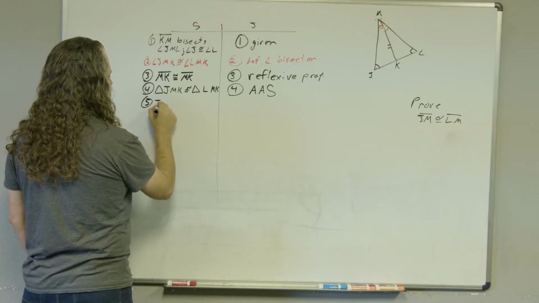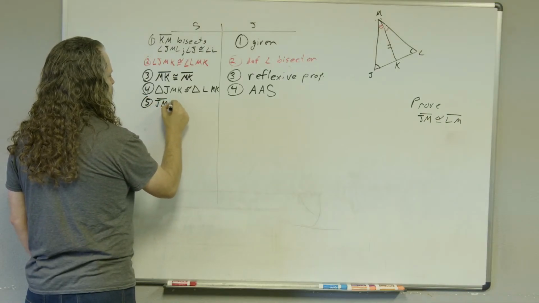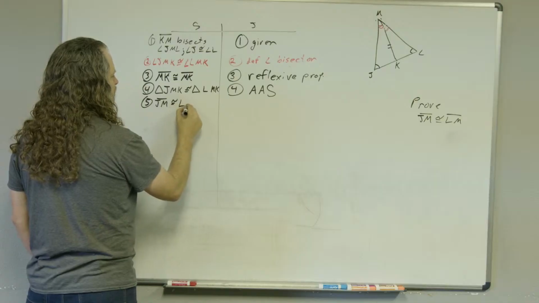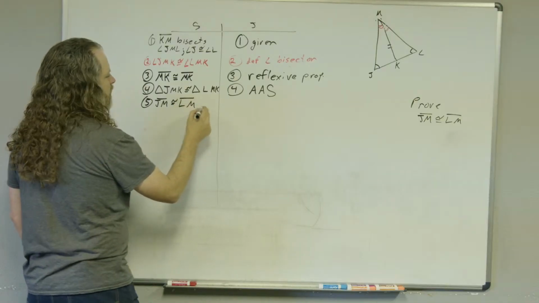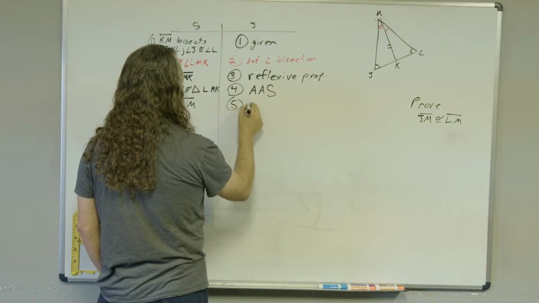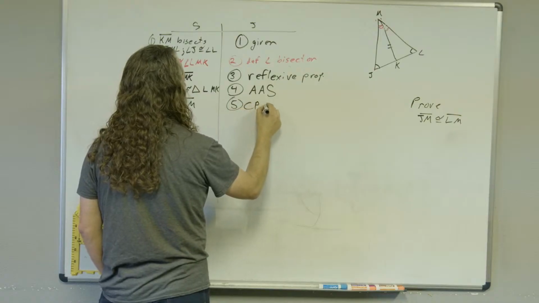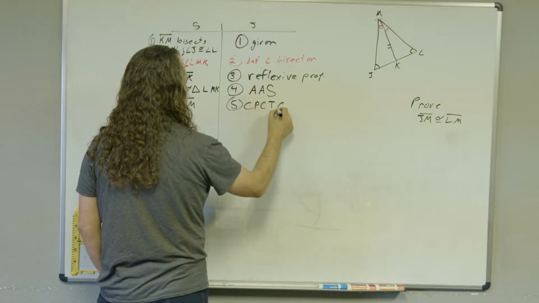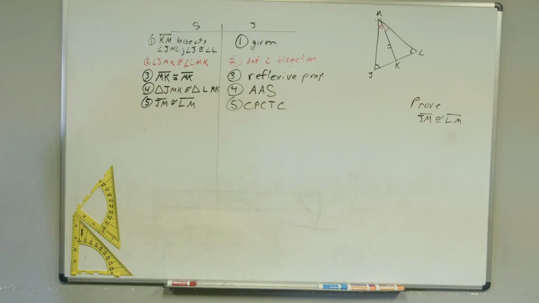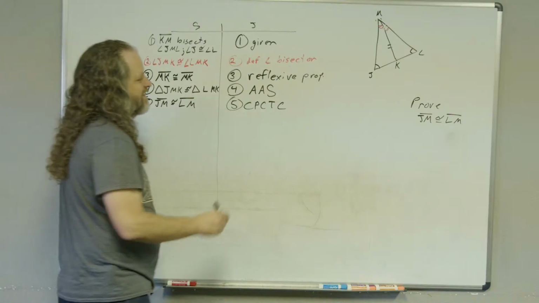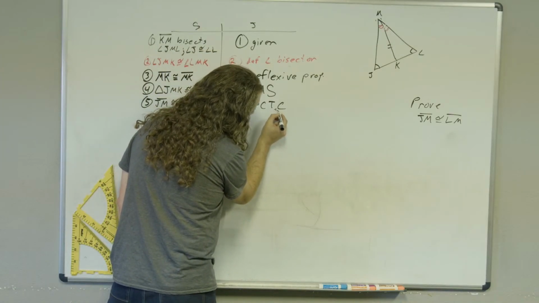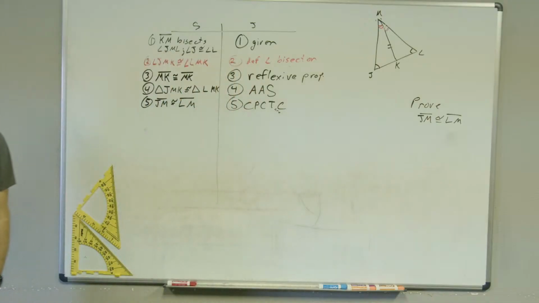So JM is congruent to LM because of CPCTC, corresponding parts of congruent triangles are congruent. There's no R. Oh. There you go. There's an R.